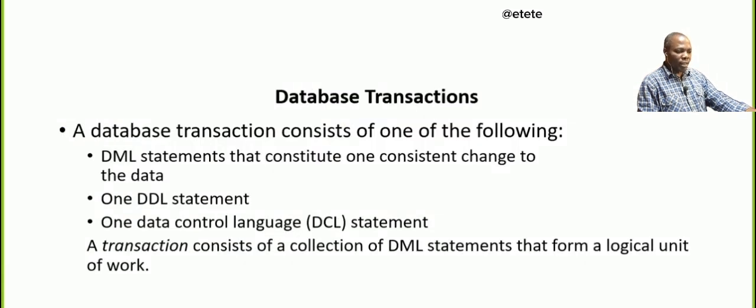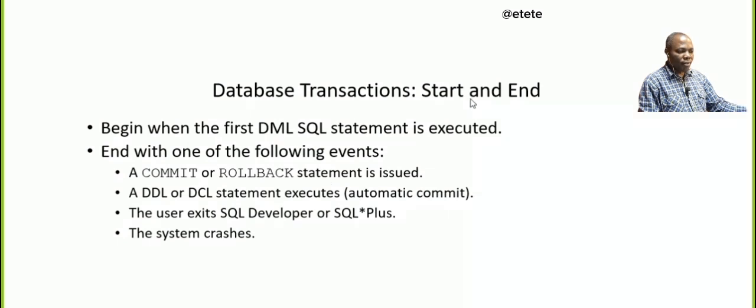Then you have database transactions. A database transaction consists of one of the following: a DML statement that constitutes one consistent change to the data, one DDL statement. We'll look at this DDL today too, data definition language, or one data control language statement. A transaction consists of a collection of DML statements that form a logical unit of work. Then you have database transactions, start and end.